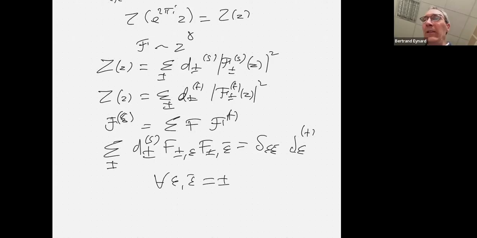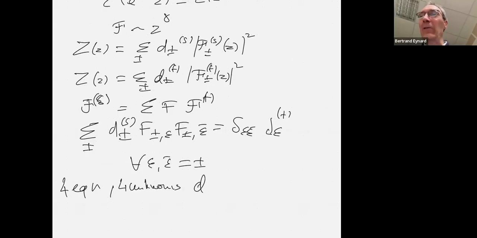But now this system of equations is a system of four equations for four unknowns. There are four equations because epsilon and epsilon bar take four values. There are four unknowns, which are just the d plus minus S, d plus minus T. So it looks like the only solution must be zero. It's a linear system with as many equations as unknowns.